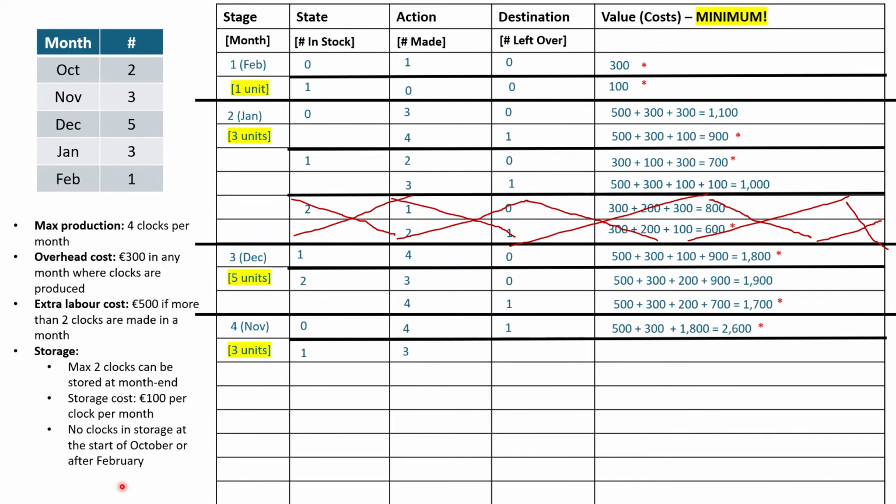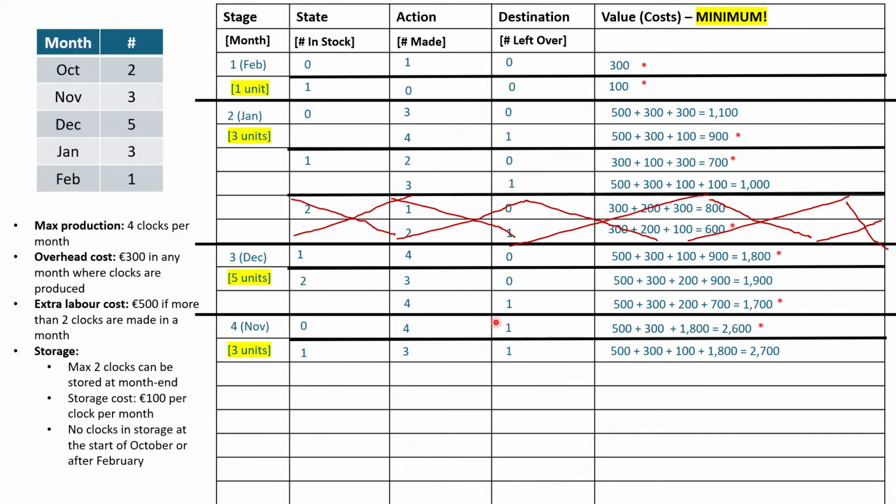So if we start with nothing and we need 3, we need at least 4 to make sure that we have 1 left over. Remember, we can't have 0. Now again, if you include that line, it's just a lot of extra work that we don't particularly want to do. So the costs we're going to have for this line here, we're going to make 4, which is going to be our overheads of 300, extra labor of 500.